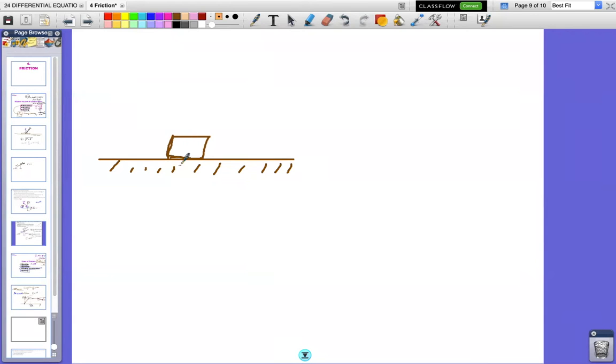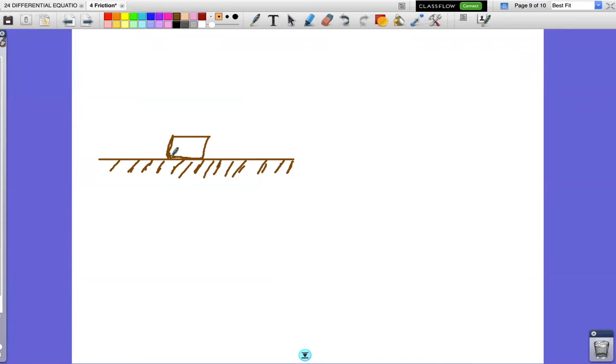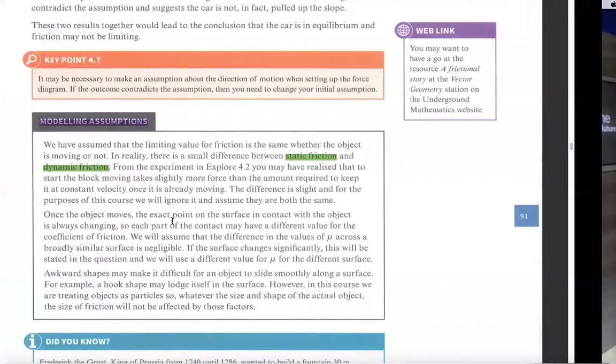So the frictional force is not going to act on the same point always. But again, this is very slight, and we cannot account for it in our low-level mathematics now. So what we do is we assume that it is always going to be the same points in contact. Okay?